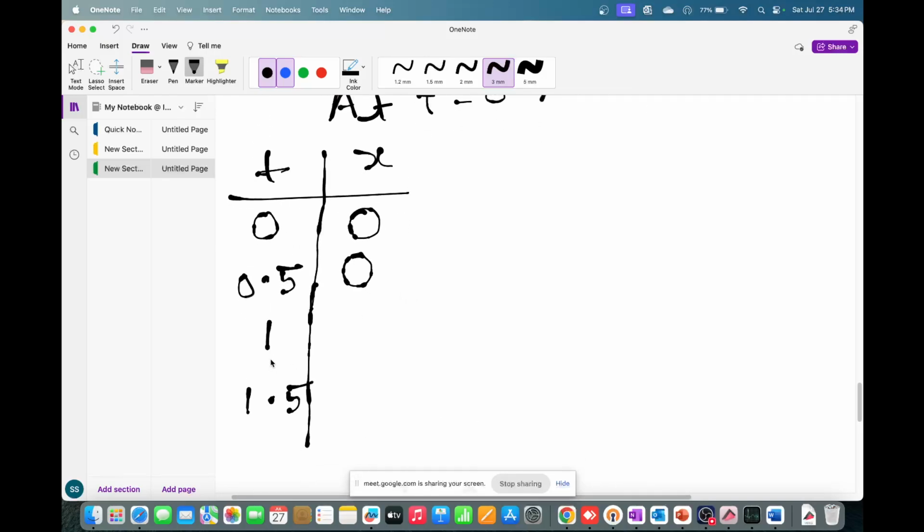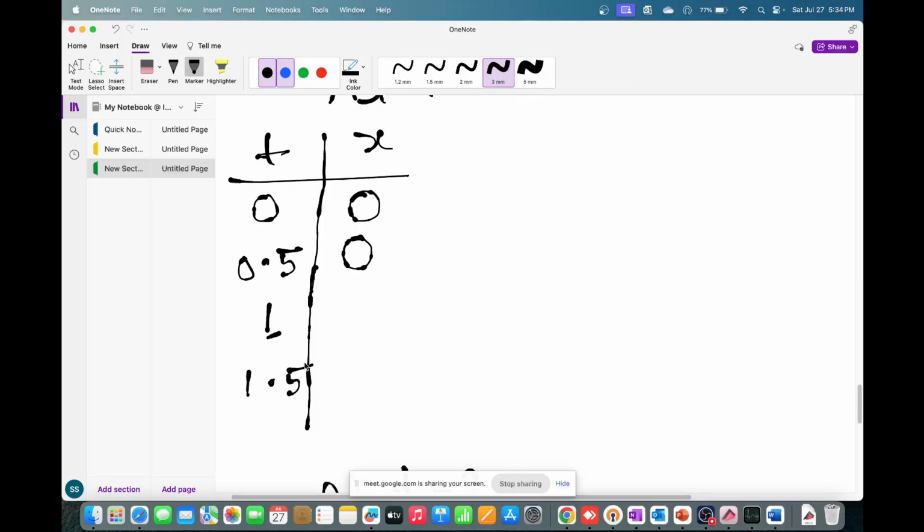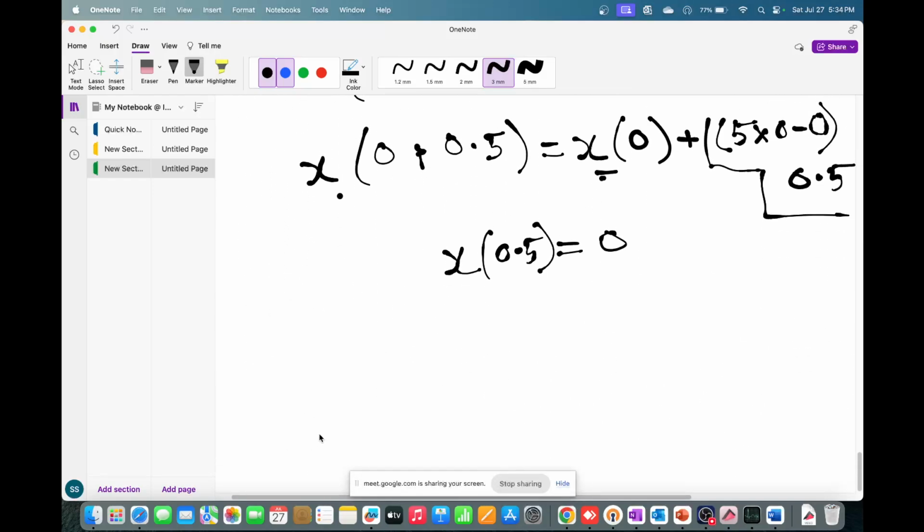Now we want to calculate the value of x when t equal to 1. So same method we use. Here now we have the value of x of 0.5. So we take t as 0.5 and delta t as 0.5 again.